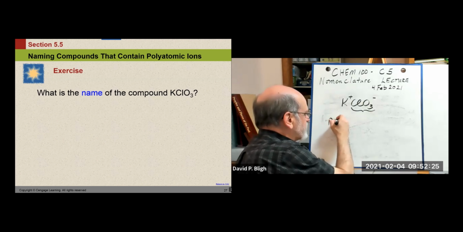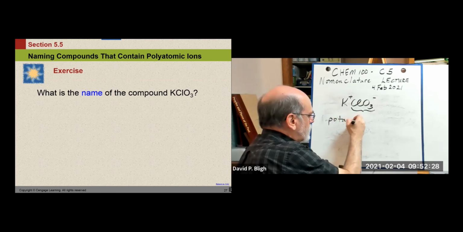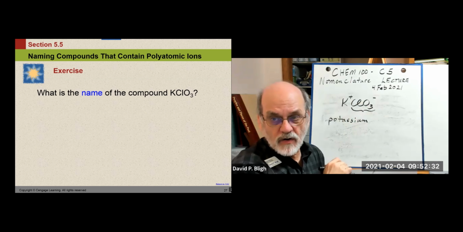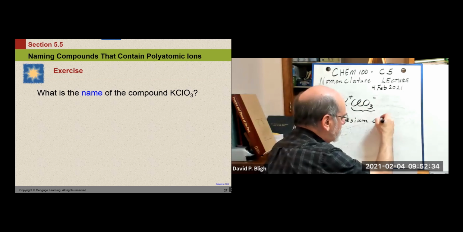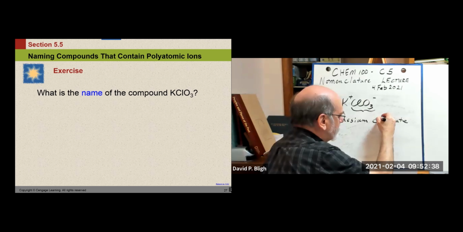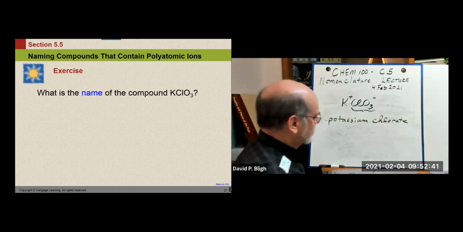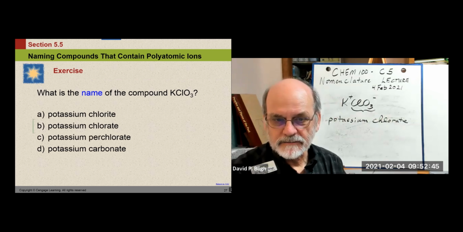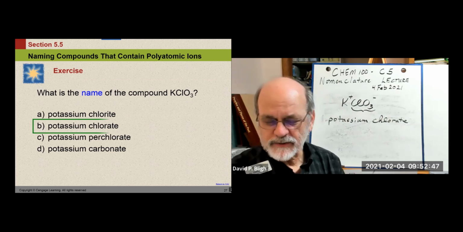Potassium. And ClO3 is chlorate. That's it. Potassium chlorate names the compound. No other possibilities.